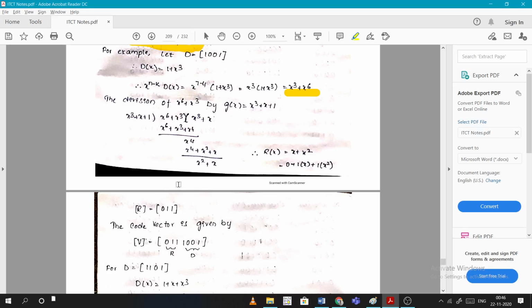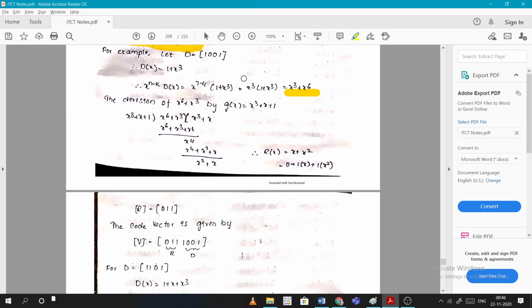For this remainder, what is it? 0 1 1, right, because we need to write from lower to higher. Here there is no term as 1, so 0 into x power 0 term is 0, plus x, that is x, this term is 1, and x square is 1. Here also the number of redundant bits is n minus k, so our polynomial should have the total number of terms as n minus k.